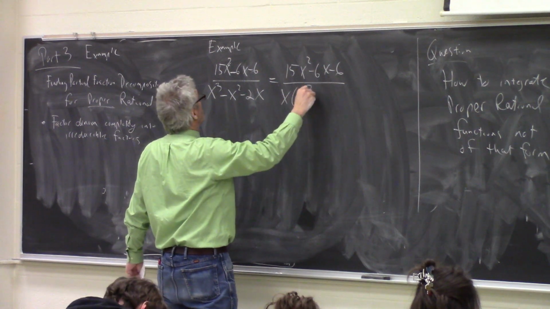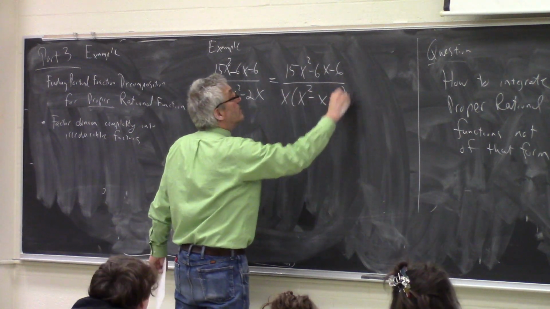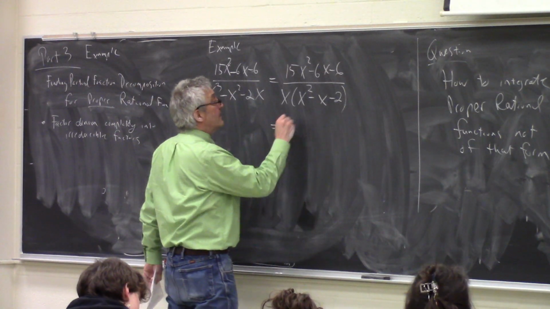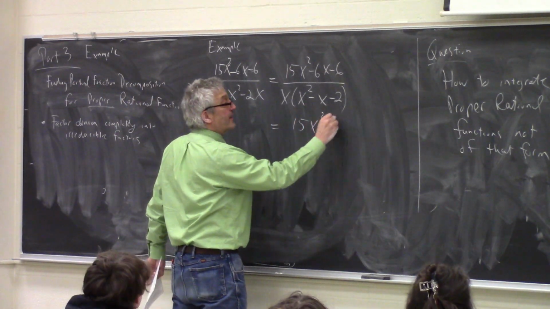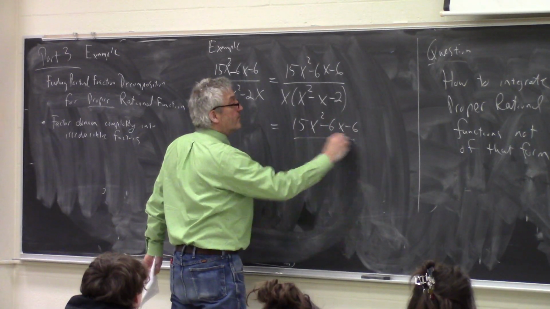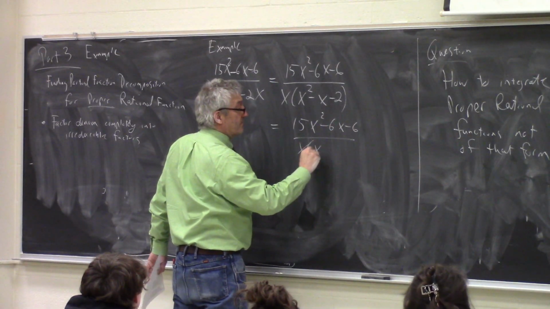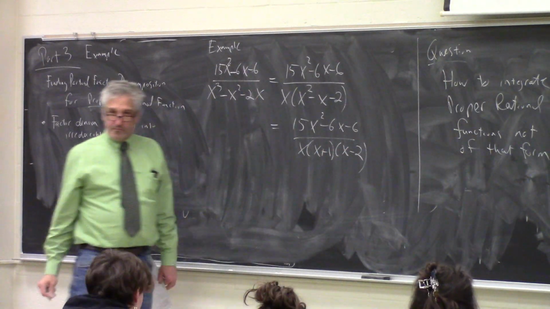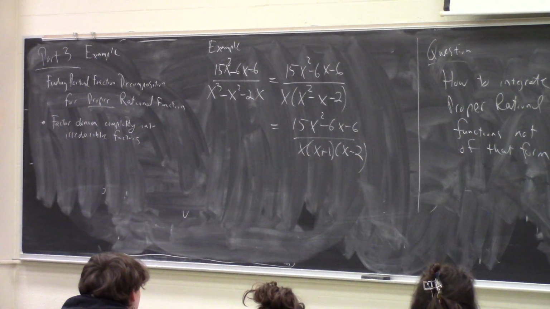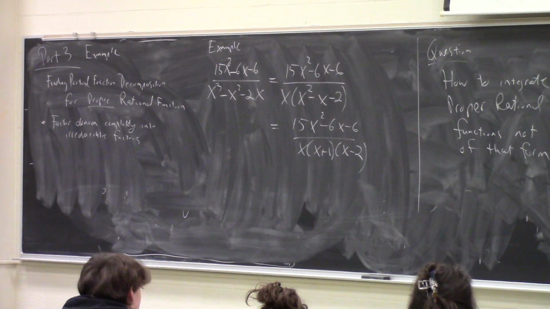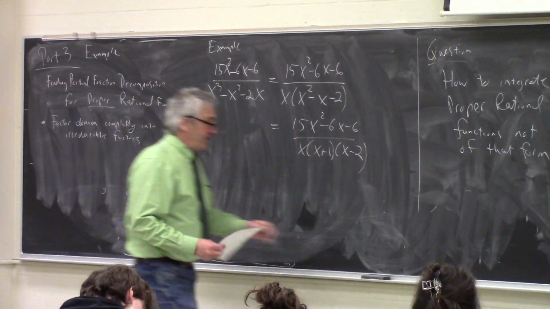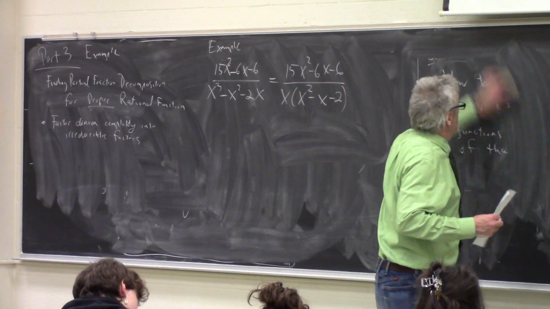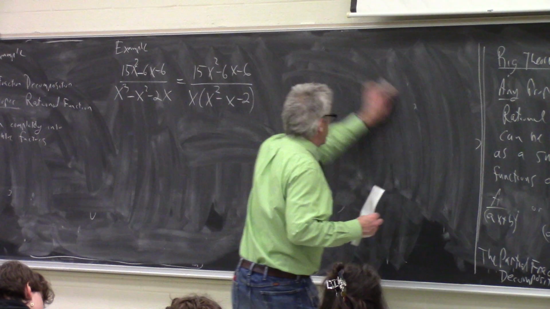That leaves me with x squared minus x minus 2. Let's factor that some more. That's 15x squared minus 6x minus 6 over x times (x plus 1) times (x minus 2). I'm going to put this over here to the side so that it's all one line.